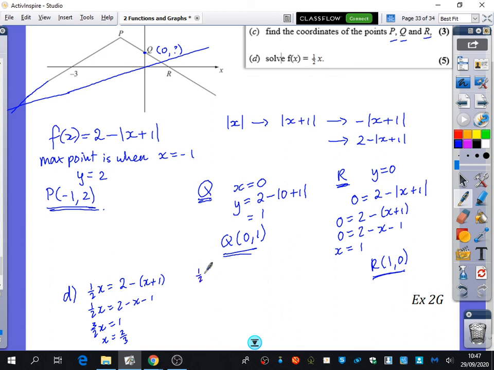And then the other one, so that's -3 equals a half x. So x equals -6. But that's nothing new, is it?